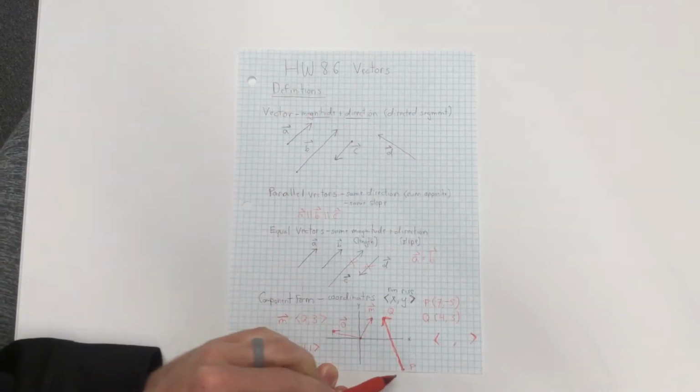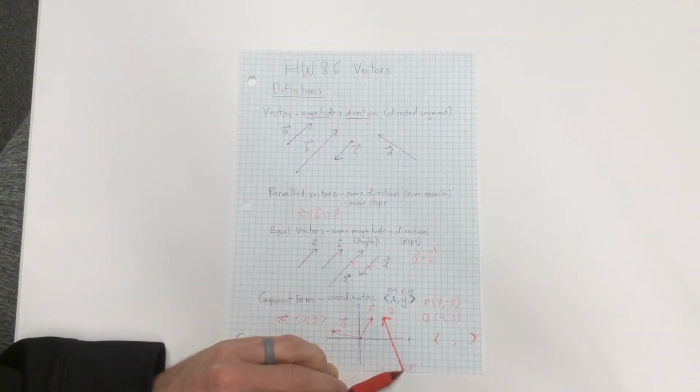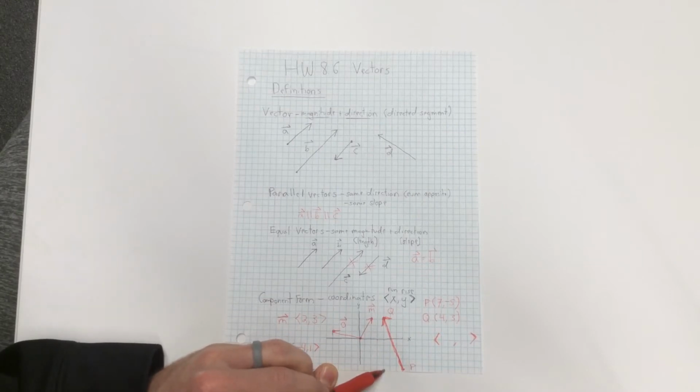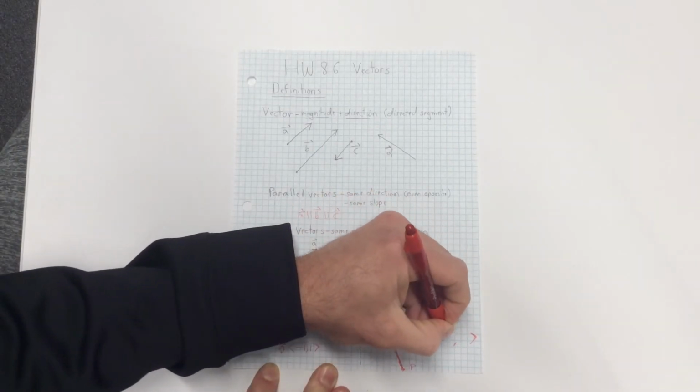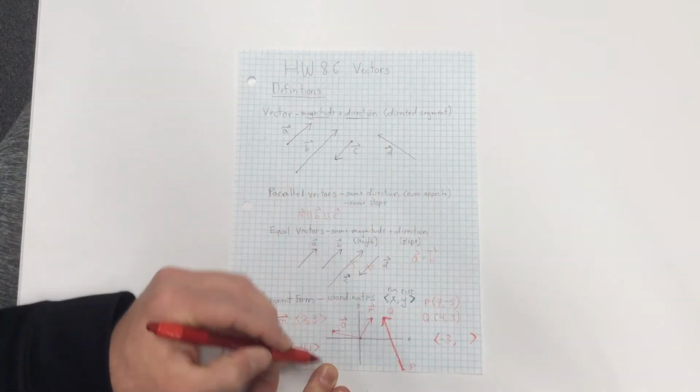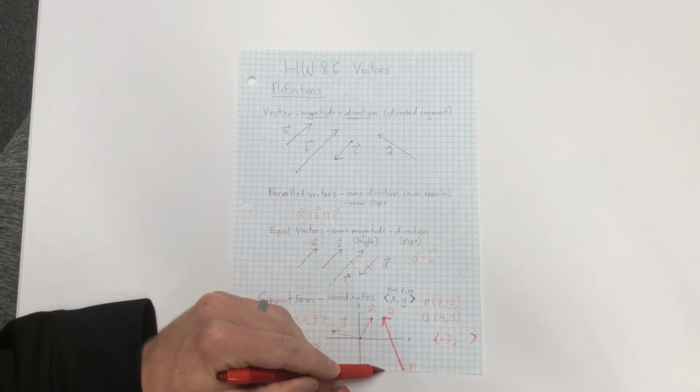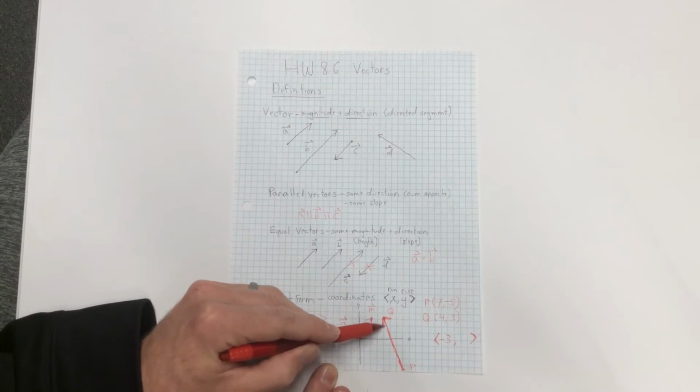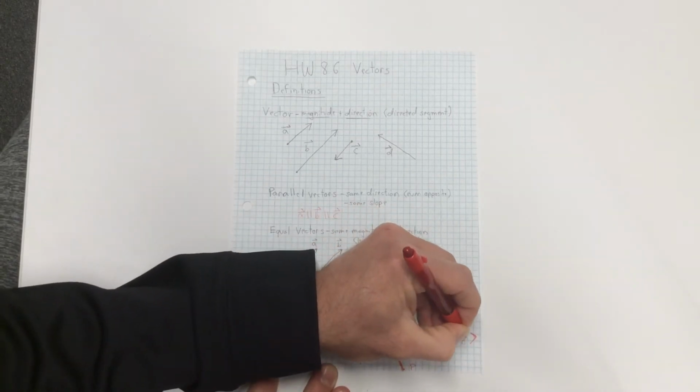That's pretty easy. I can just count. Horizontally, we went back 3, so it would be -3. And vertically, let's count, we went up 8.